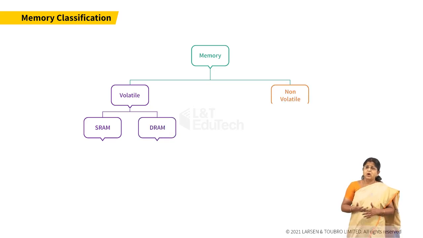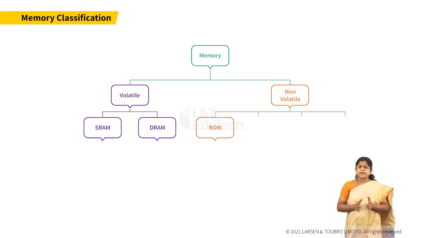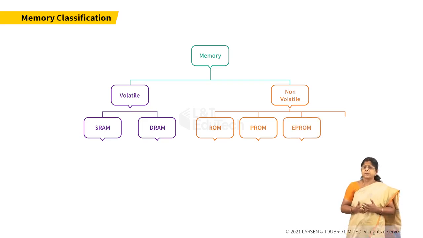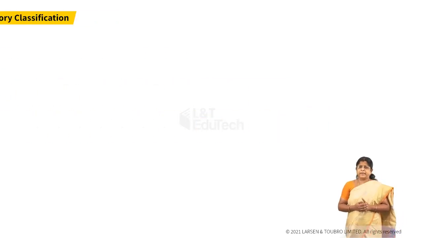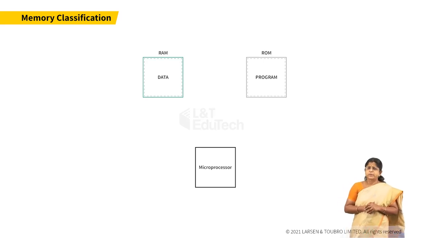It may also be non-volatile, under which we have ROM, that is read-only memory, then PROM, that is programmable read-only memory, then EPROM, that is erasable programmable read-only memory, or EEPROM, that is electrically erasable programmable read-only memory.